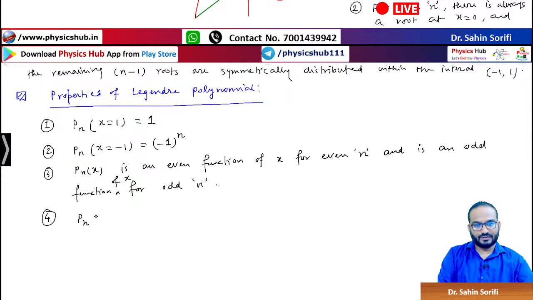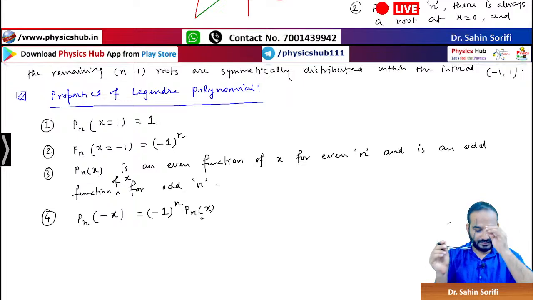Pn of x you know, but what will be the value of Pn at minus x? This you can calculate: minus 1 to the power n Pn x, because it is symmetric about the origin.